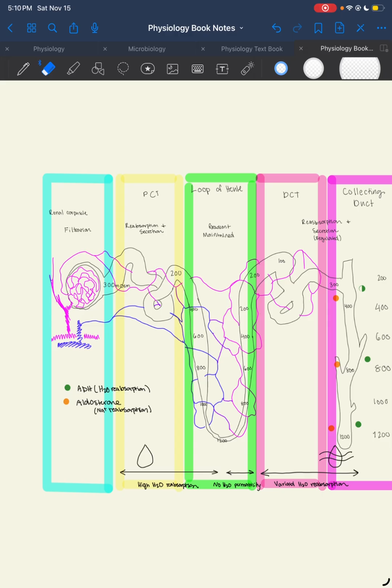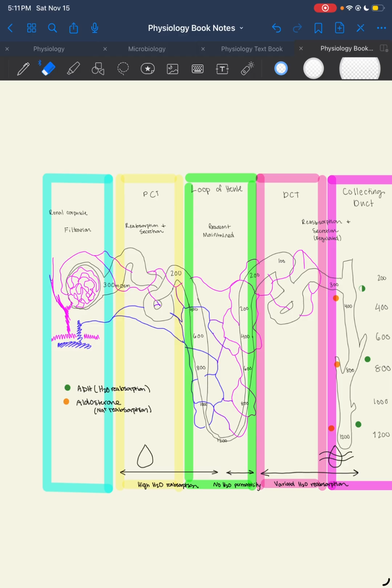If there are low levels of sodium chloride, this means that the GFR is too low. The macula densa signals the afferent arterioles to dilate and also stimulates the release of renin, increasing GFR.